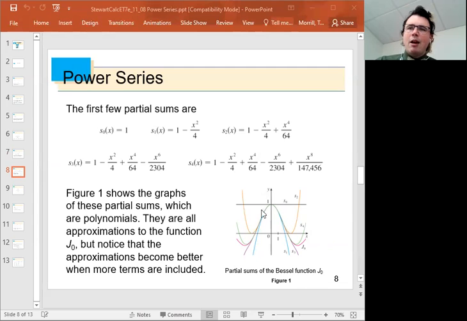And notice that they all seem to agree the closer I am to 0, and then they disagree the farther away I get from 0. So depending on what number we choose for x, a shorter partial sum could be a better approximation. And then as we get farther away, we need to take larger partial sums to get good approximations.